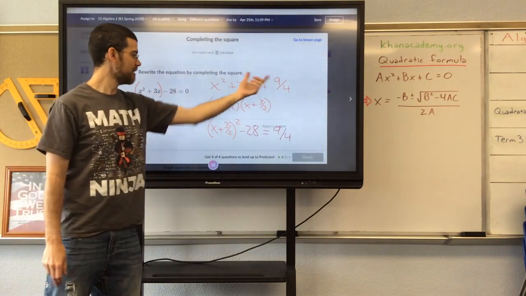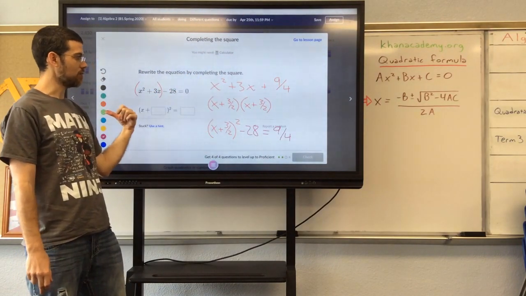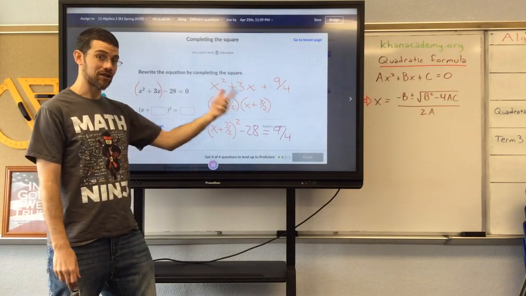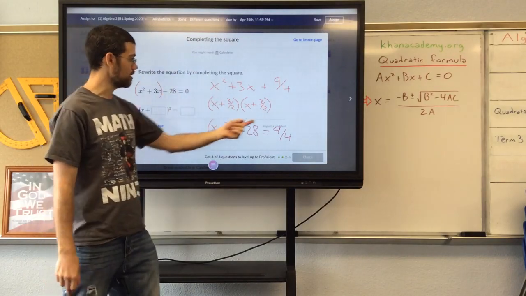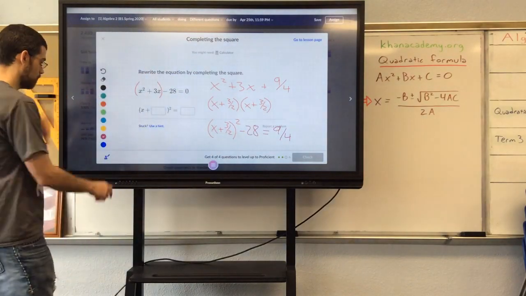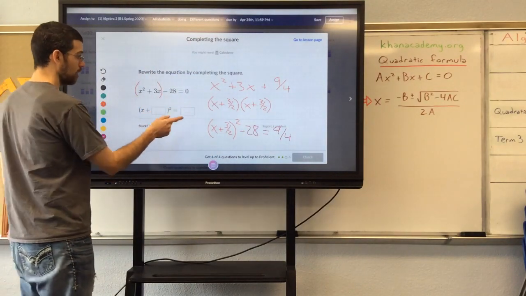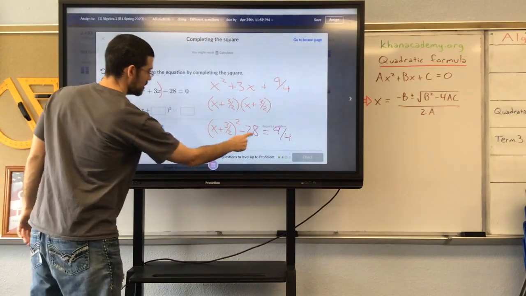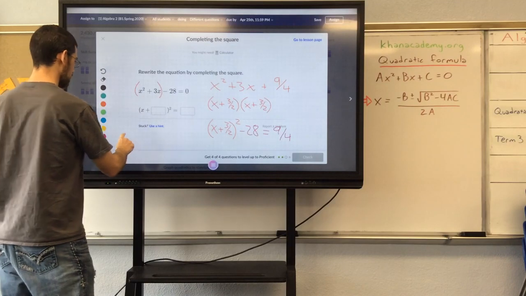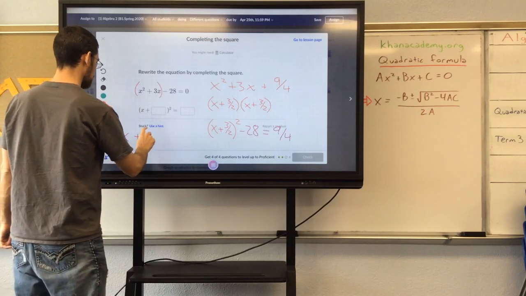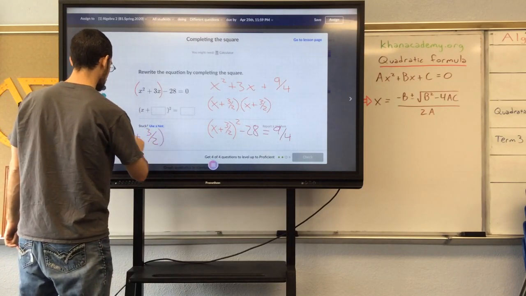So I just added 9 fourths to the left side of the equation, and to balance the equation I add the same 9 fourths to the right side. 0 plus 9 fourths is 9 fourths. Okay, now they don't want it to have this negative 28. We'll have to add the 28 to both sides of the equation, and we get x plus 3 halves.